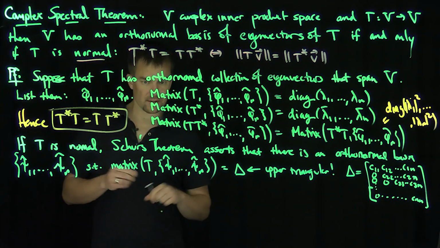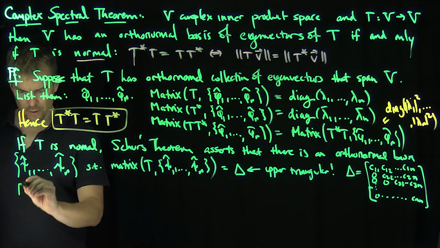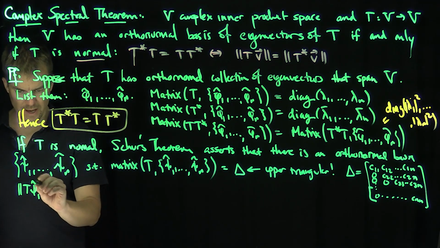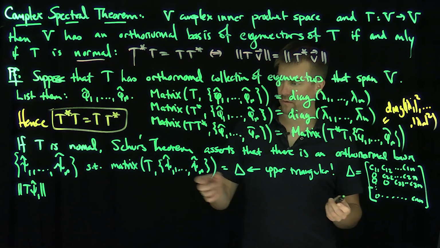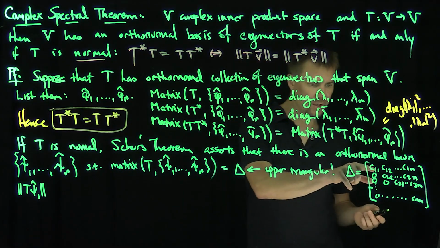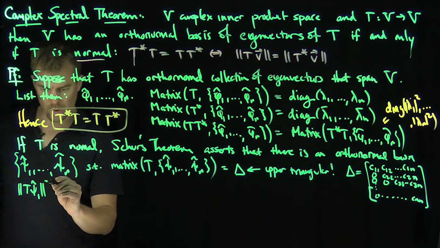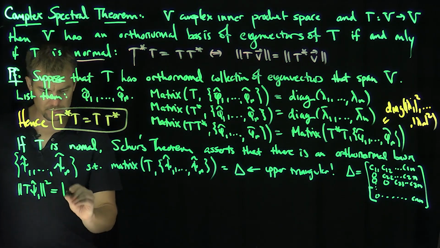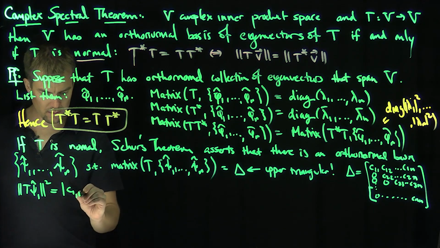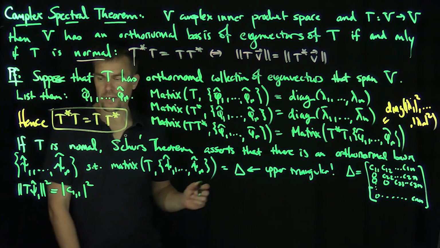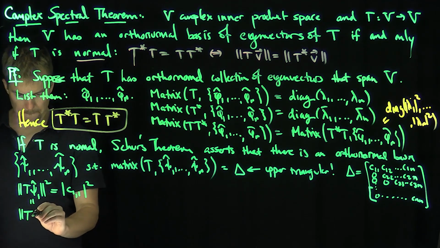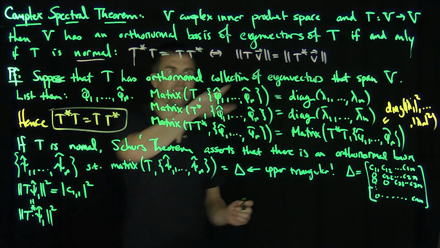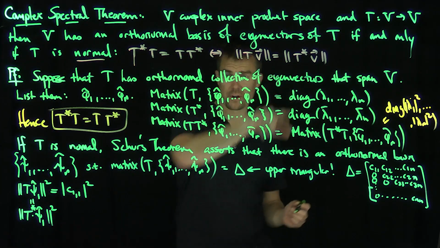Now let's look at the norm of T of psi 1 hat squared. Well, if I input psi 1 into T, I'm just going to get C11. So if I do this thing squared, that'll just be the absolute value of C11 squared. But that has to be equal to the square of the norm of the adjoint applied to psi 1, by the fact that it's normal. So I'm using the normal assumption now to prove that.